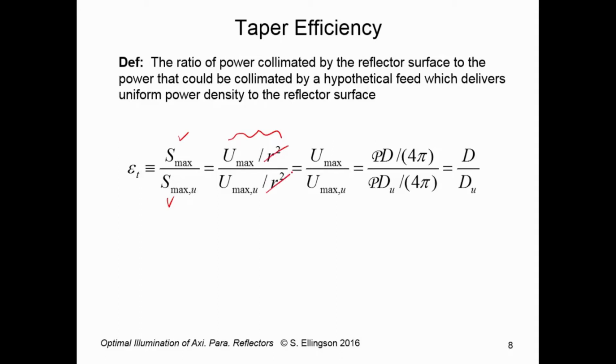Now, distance squared cancels out, so we can express taper efficiency as the ratio of the maximum radiation intensity to the maximum radiation intensity that we would get from a uniformly illuminated aperture. And then also we know that radiation intensity is related to directivity. Specifically, radiation intensity is total power times directivity divided by 4 pi. And in the numerator and denominator, total power and 4 pi cancel out. So taper efficiency is also the ratio of the directivity to the directivity that we would get from a uniformly illuminated aperture.